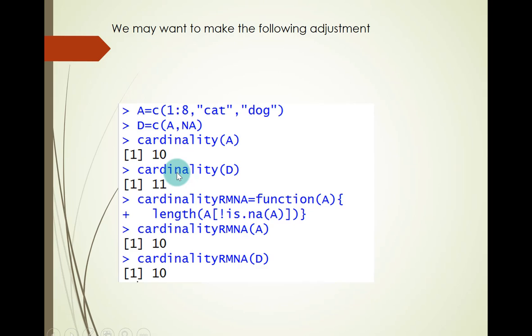So if I do the cardinality of D using our current function, I'd get 11, because this NA will actually be counted. So we may not want that either. One way to deal with that is to try something like this. So let's look at this in RStudio and see how this works.